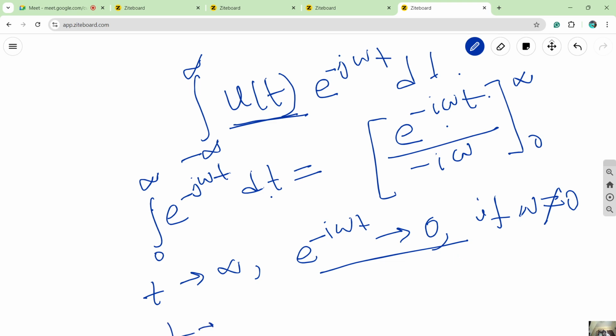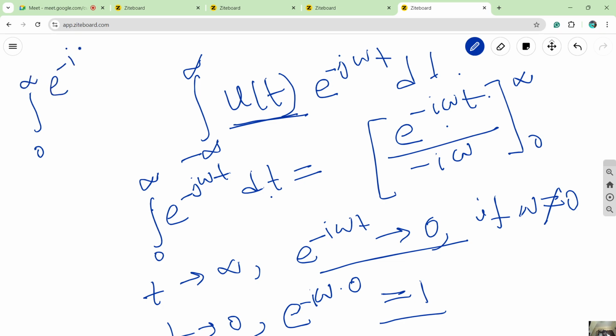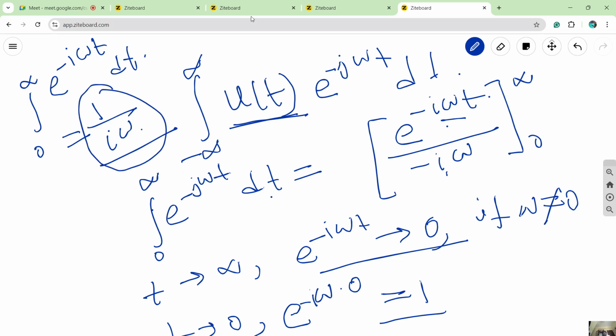And at t equals 0, it becomes e to the power minus j omega into 0, that is equal to 1. So from this, we can say that the integral from 0 to infinity of e to the power minus j omega t dt is actually 1 by j omega, because this j omega term will come. Okay, is it clear? Yes.